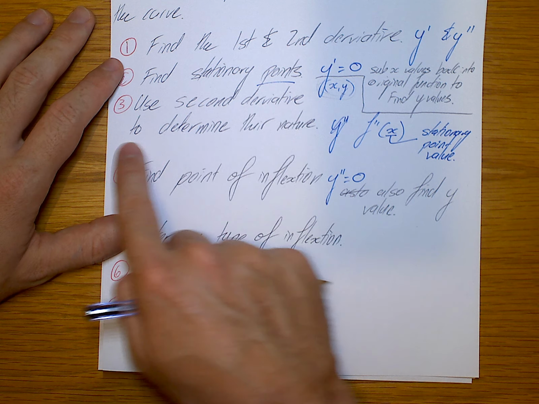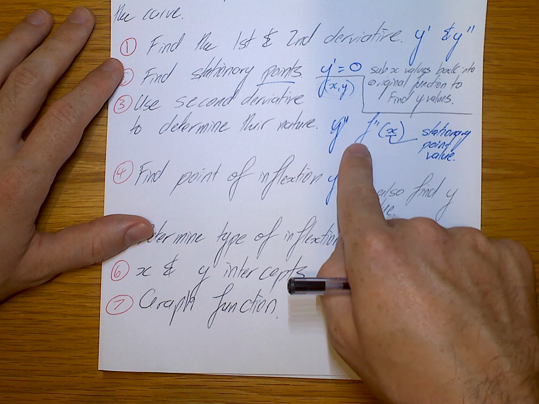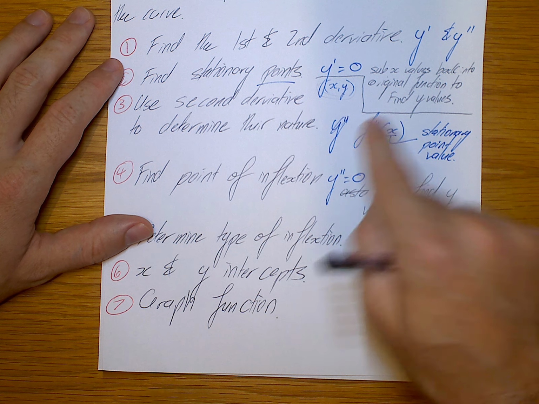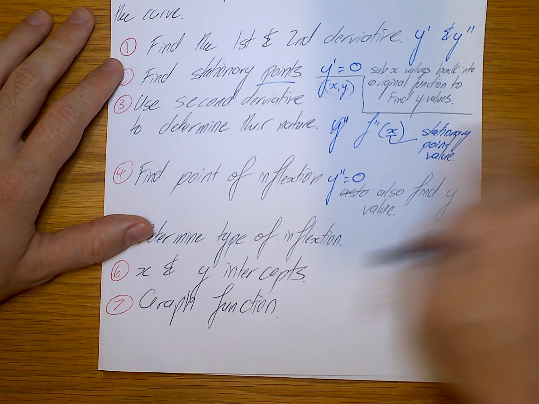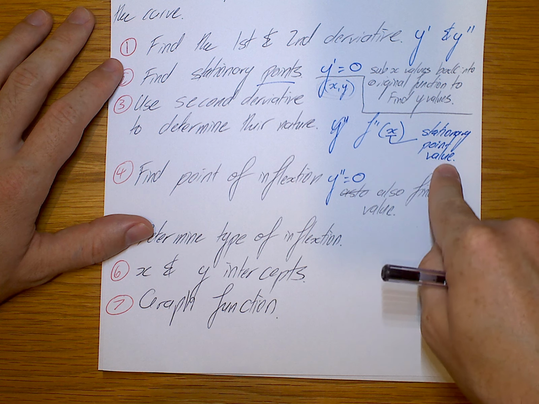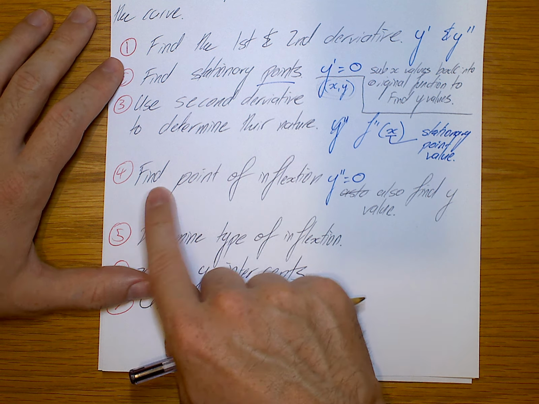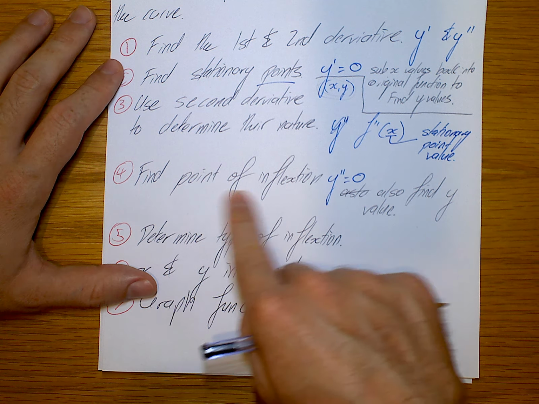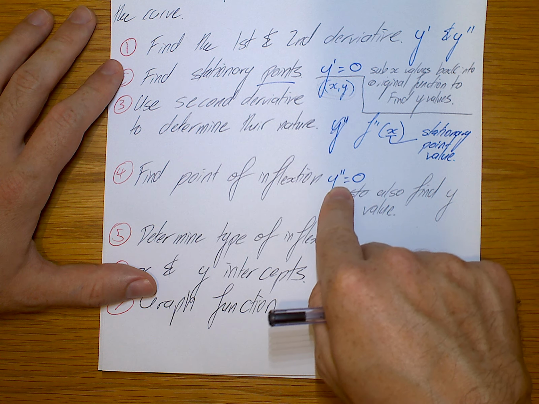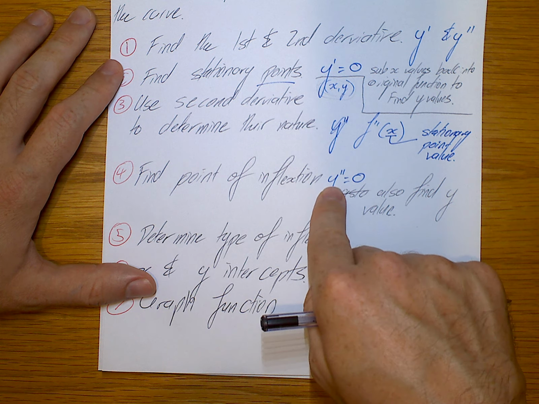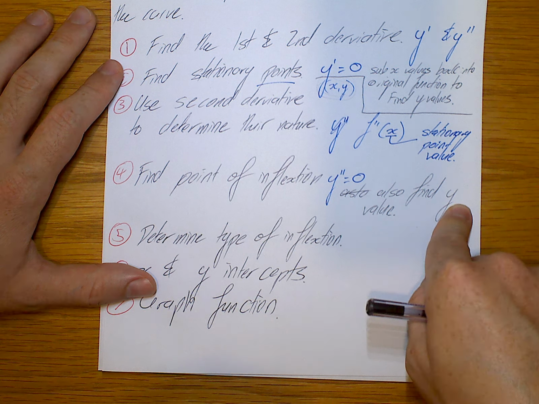Step 3: use the second derivative to determine their nature. So we refer to our f double dash x and put in our x values from our stationary points. Then we find the point of inflection, where y double dash equals 0, and also find the y value.